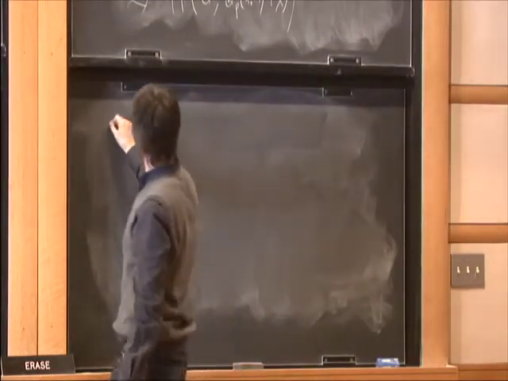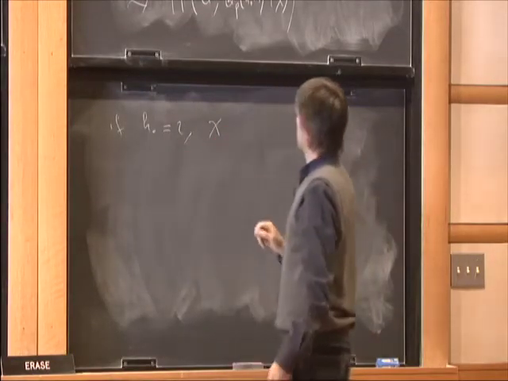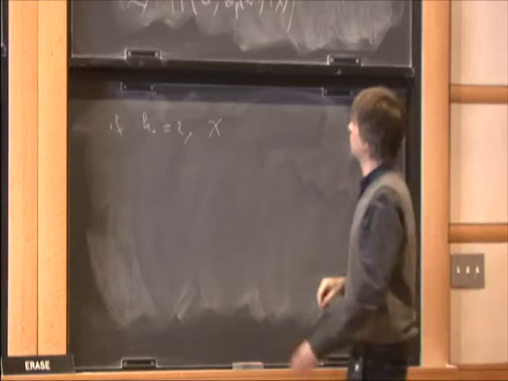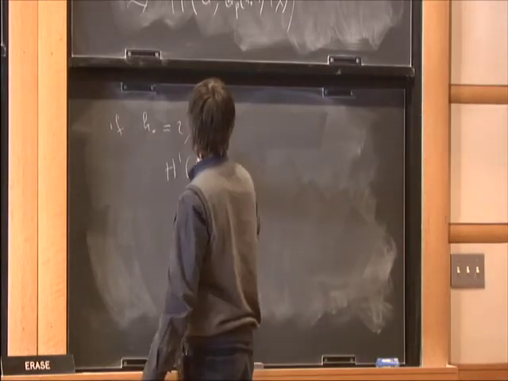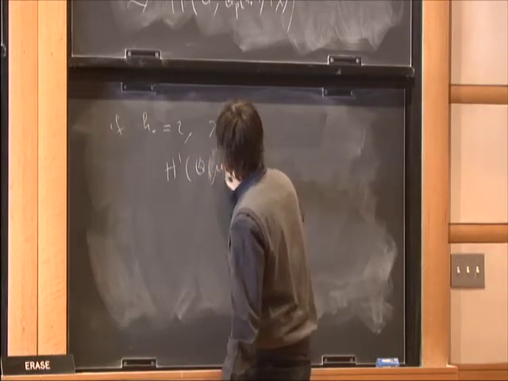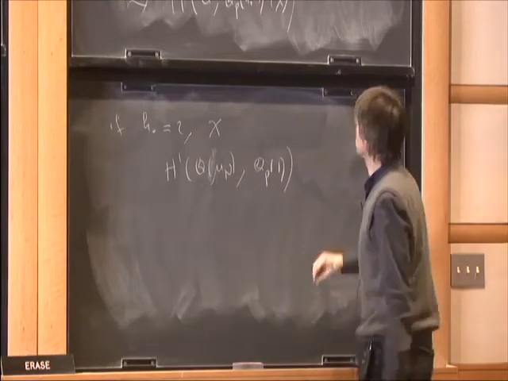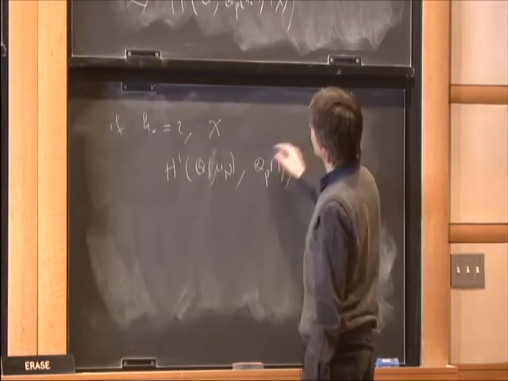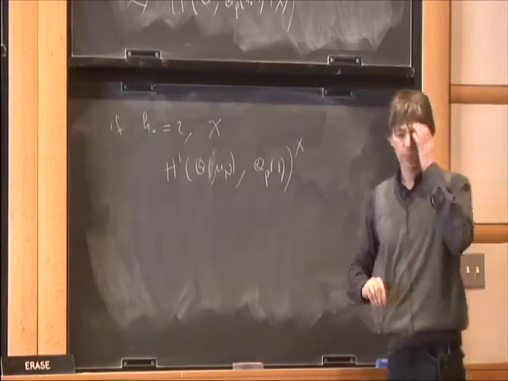So in particular, if you do that for k naught equals 2 and chi a non-trivial Dirichlet character, you get an element in H^1(Q(mu_N), Q_p(1)), with the action of Galois of Q(mu_N) over Q given by the character chi.